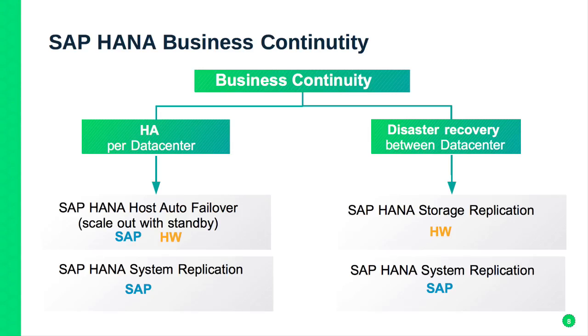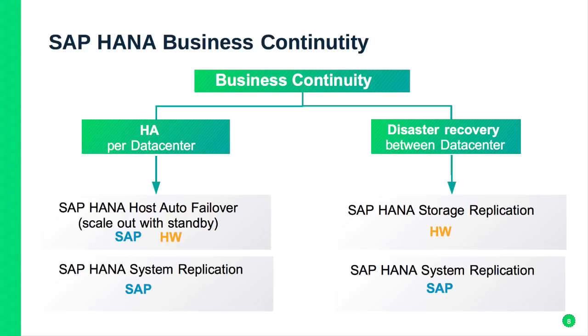You can have a standby HANA, which kicks in if the HANA fails. But for that, you need SAP software and something from the hardware vendor because you need a second machine. And you need to have a shared storage for that. So you also need to take care that the hardware vendor provides some mechanisms to do that.